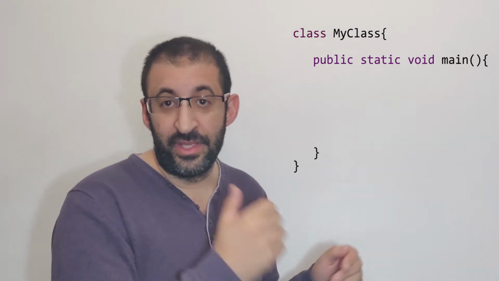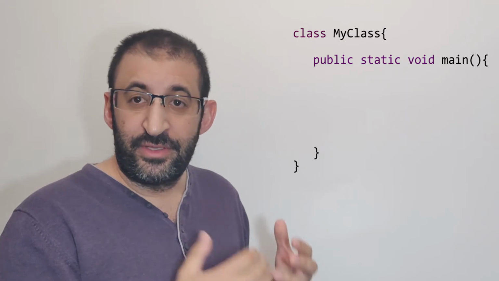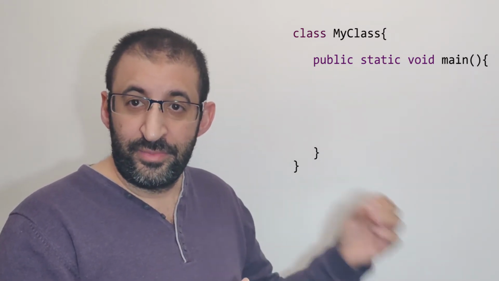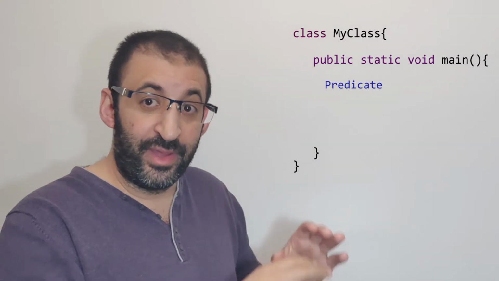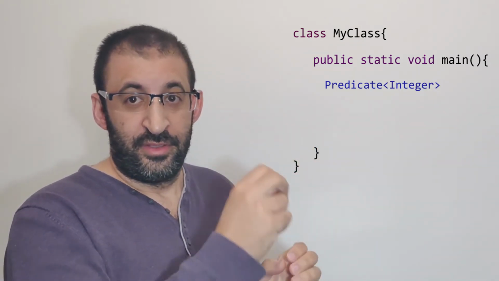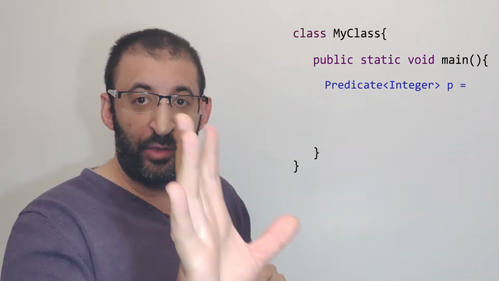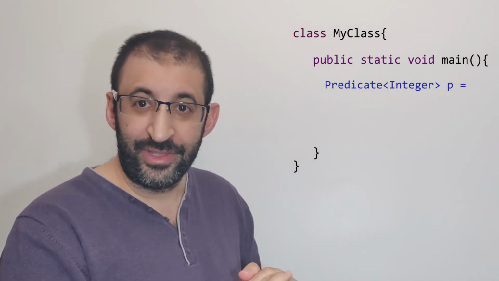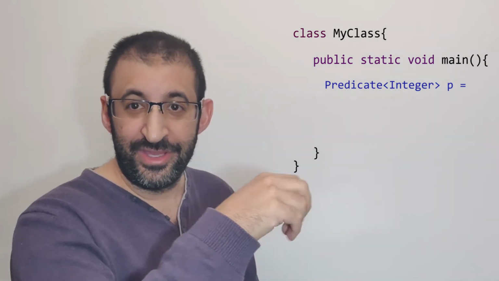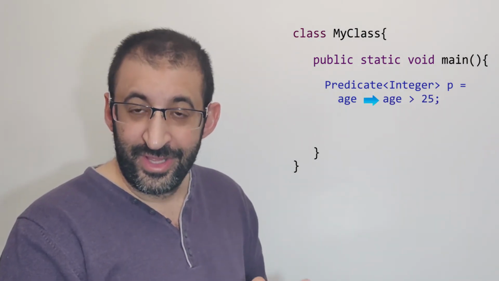So now how to use this in predicate. I will create a class with the main method. Inside this class, I will create a predicate with type integer, for the age. So predicate with type integer, p equals, and here I give it my lambda expression: age, simple arrow, age is greater than 25.